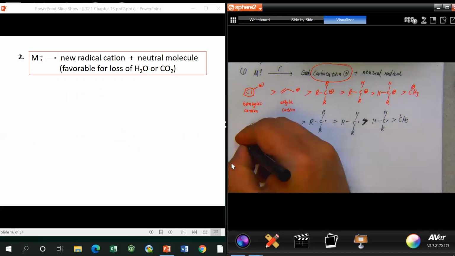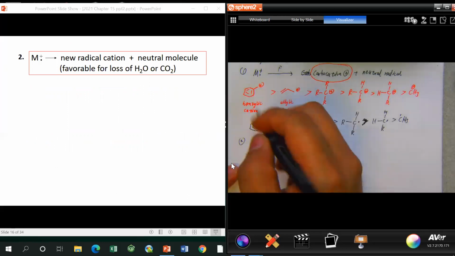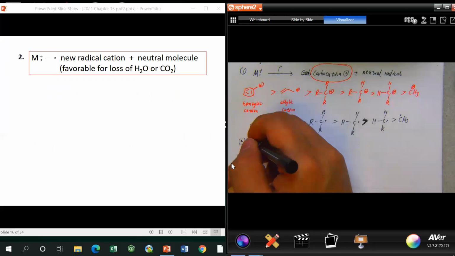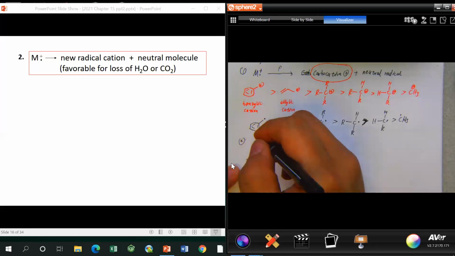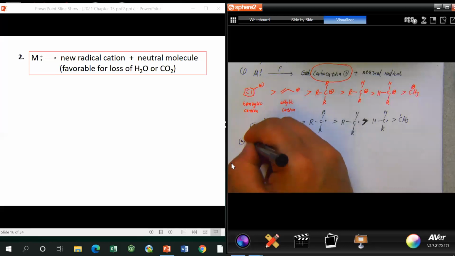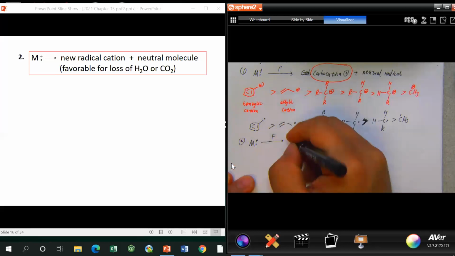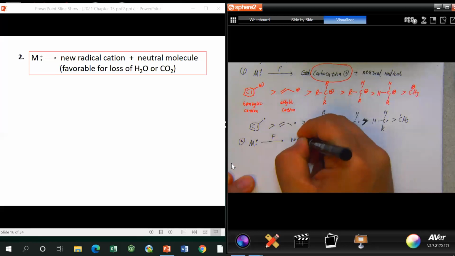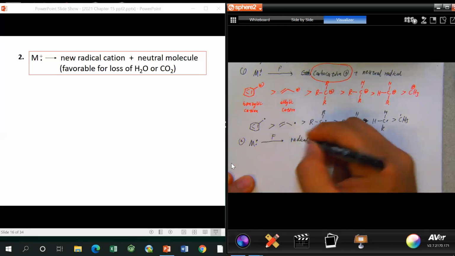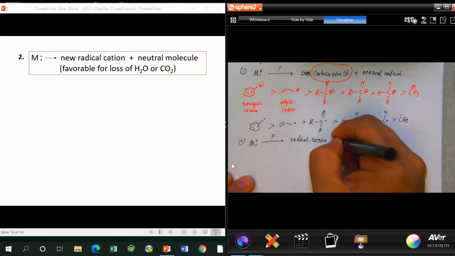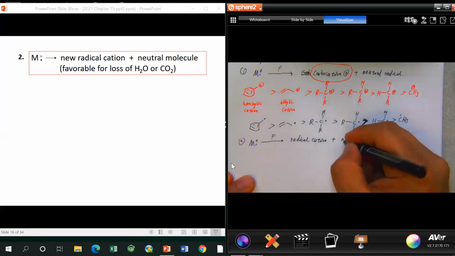And then the second type of fragmentation is where the molecular radical cation generates a radical cation plus one neutral molecule. So this time this radical has the positive charge, and at the same time you release a neutral molecule.